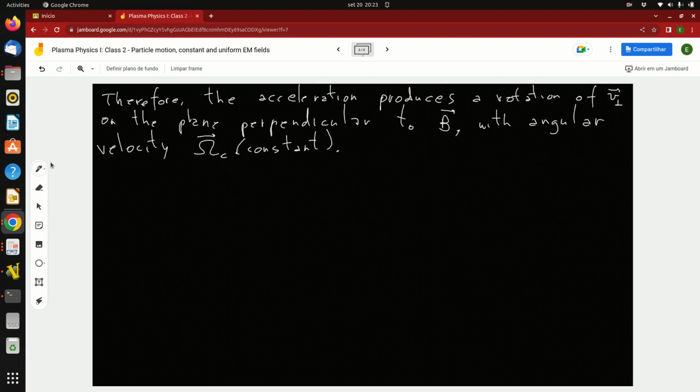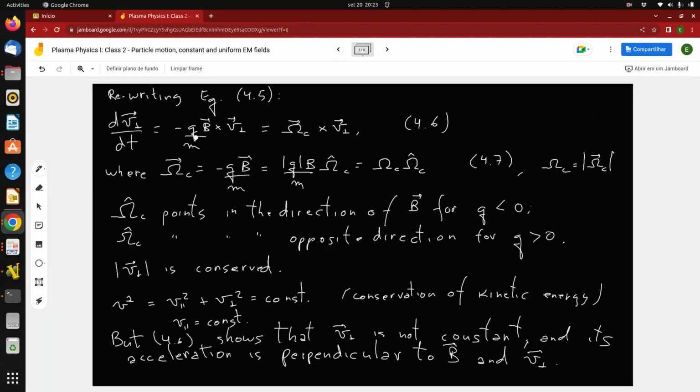So using v perp equal to drc dt in 4.6, where is it here? So instead of dv, I'll write dr dt.